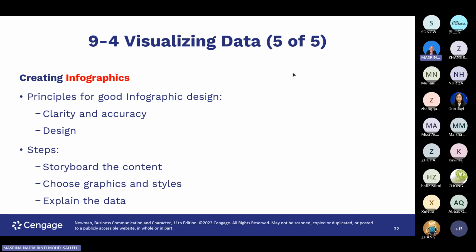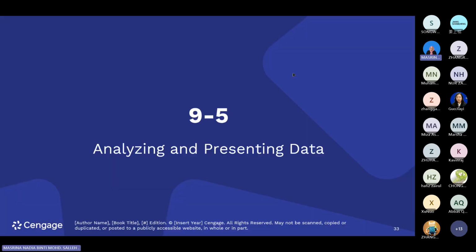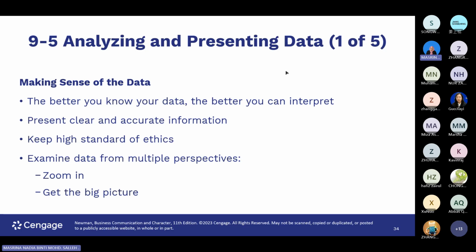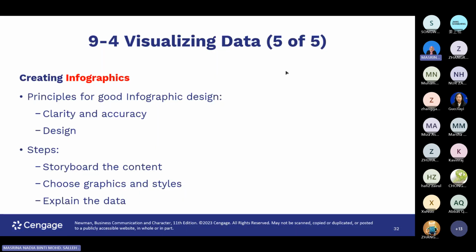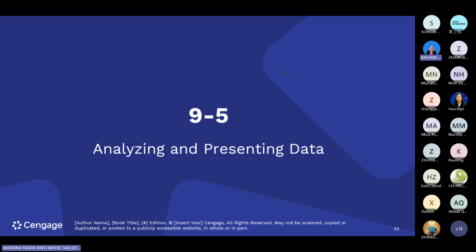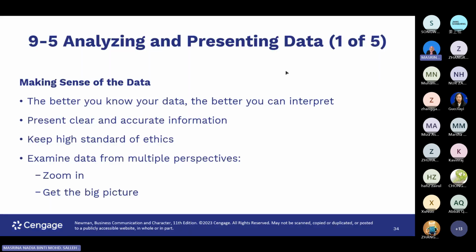Other than that is infographic. This is what we discussed just now during the activity. After you have all these visuals, you need to analyze and present the data.